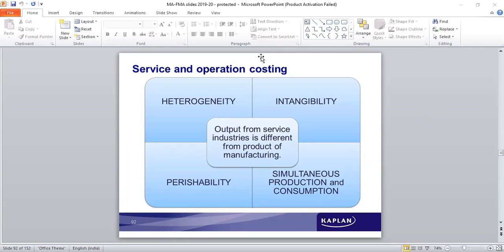But in case of service businesses, all of them will have the same thing is not a necessity. It mostly depends on whatever is the requirement of the customers. Okay. So let's say that if there is a transport business, for example, if it is a bus facility provided to carry the passengers from one main starting point from the terminal to another destination terminal, but in between there are many stages.